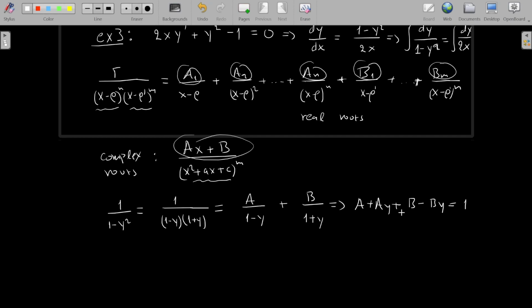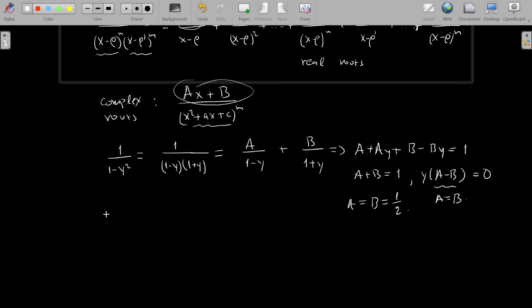This means that a plus b is equal to 1, and a minus b is 0, because there is no y term here, so a and b are the same, and from this a is equal to b is equal to 1/2, right?